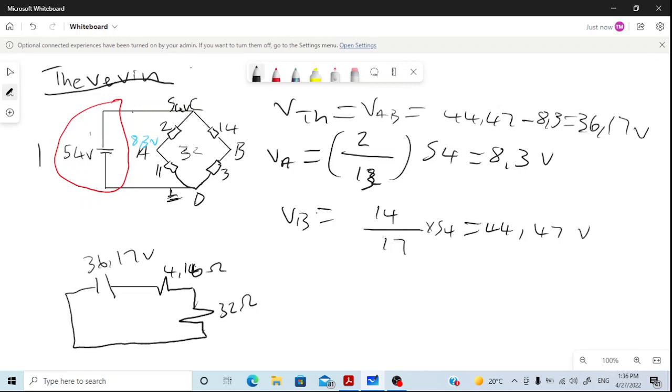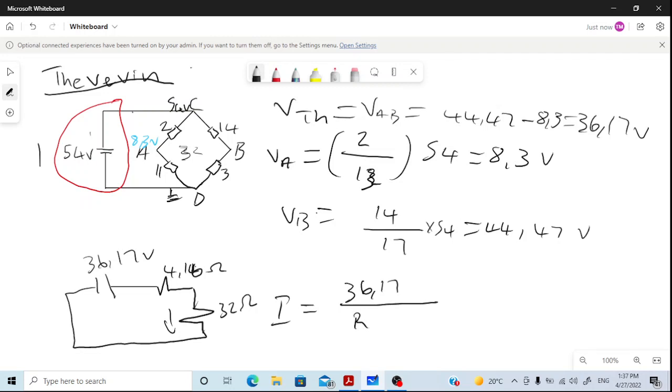Now the initial question said calculate the current that passes through the 32 ohm resistor using Thevenin theorem. So I is equal to voltage divided by resistance.